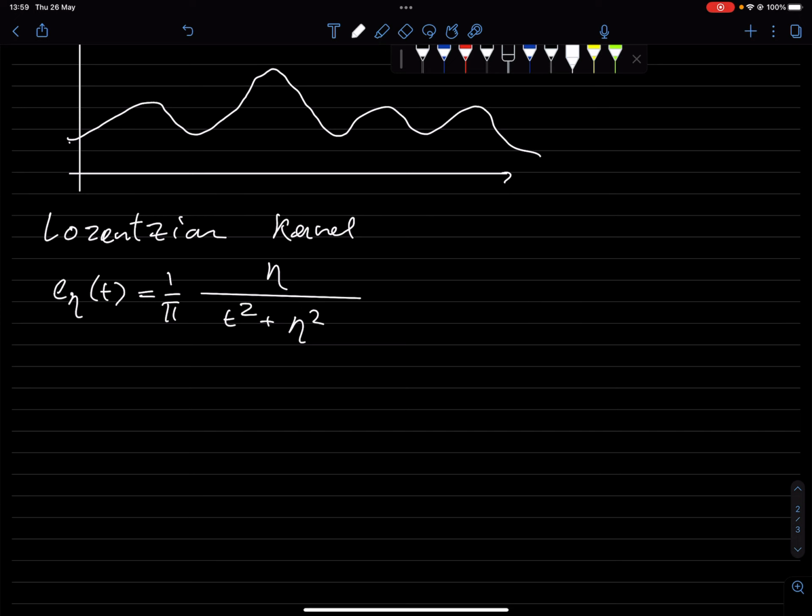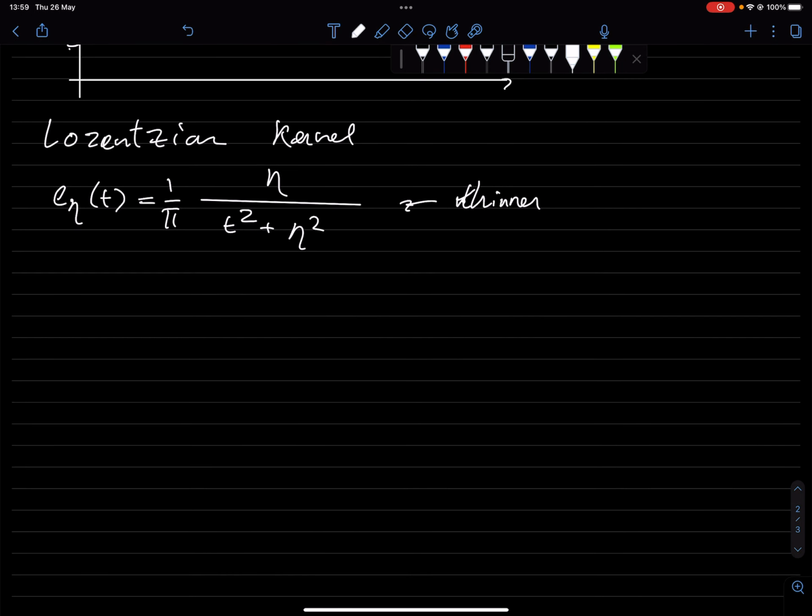So it looks really similar to a Gaussian, but it's more pointy or thinner. But it is useful because it will allow us to express the regularized density of states in a very neat way using the resolvent of a particular matrix, and we're going to take a look at that in a second.